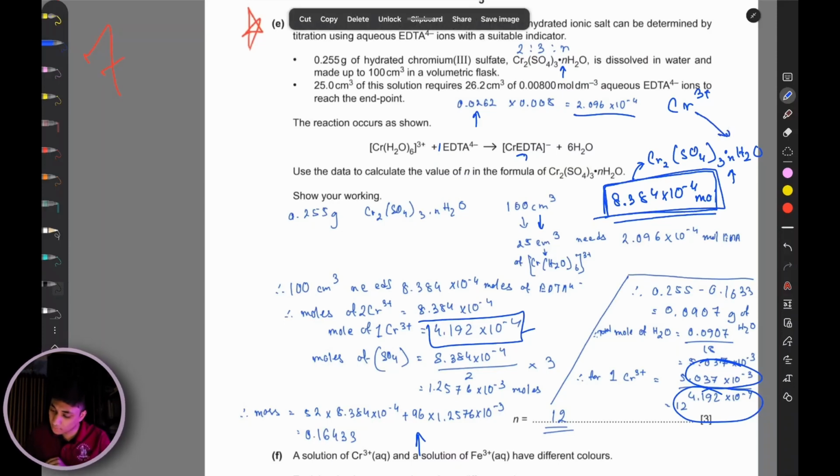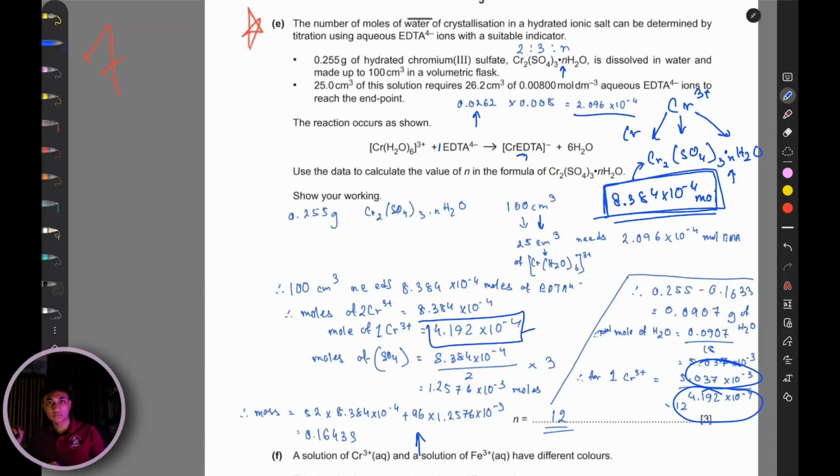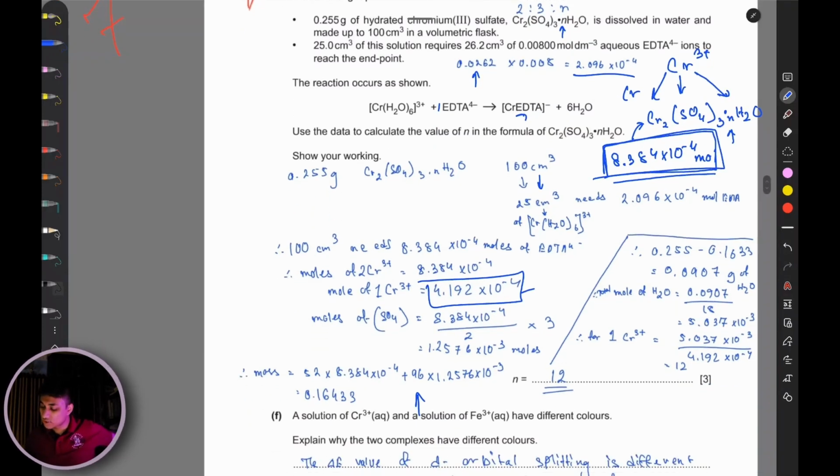With respect to one portion of chromium ion, there are 3 moles of sulfate and there are 2 moles of chromium. So with respect to 1 mole of chromium, how many moles of water are present? It's 5.037 into 10 to the power of minus 3 divided by 4.19 into 10 to the power minus 4. And that turns out to be 12, right?